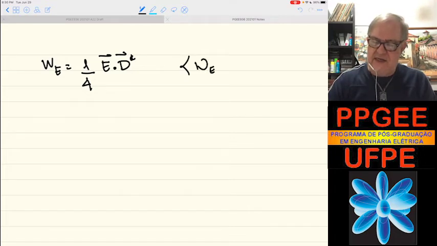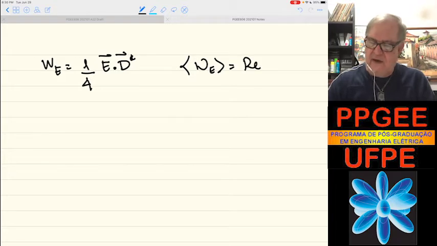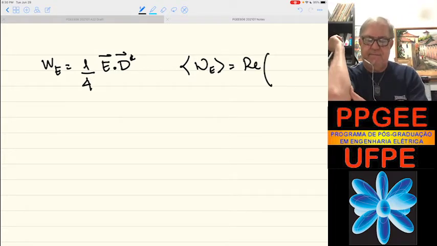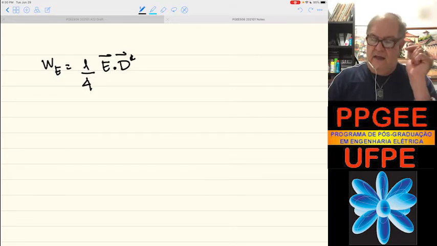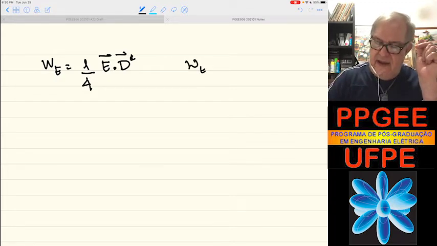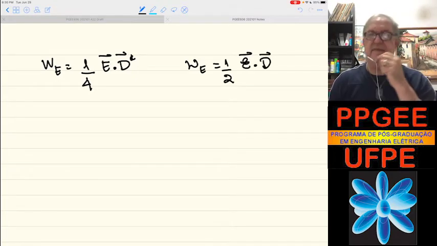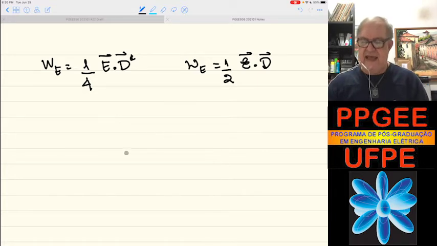of the energy equals the real part of... You recall, just remember here, energy density in time domain is 1/2, right, of E dot D. So average value is half of half.